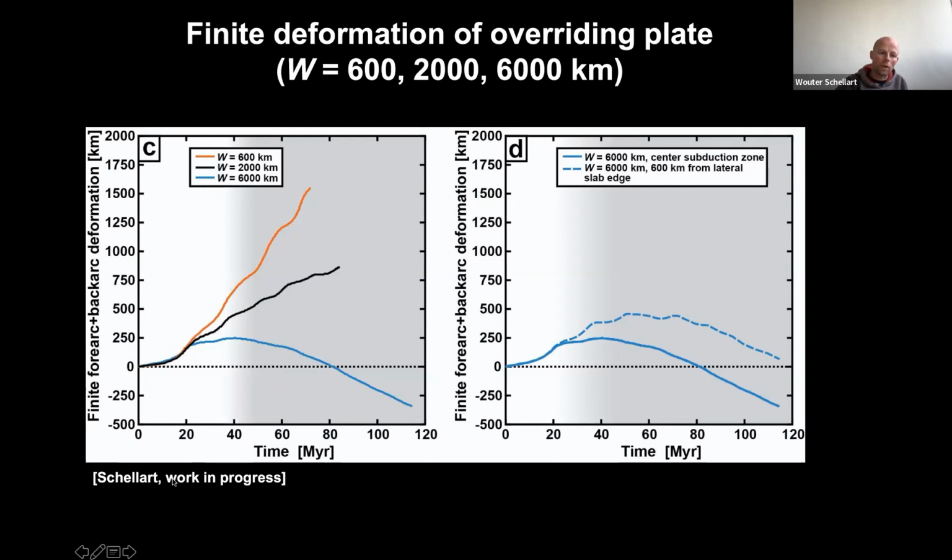So for wide subduction zones, it's all a bit more complicated. It's not as straightforward as for a narrow subduction zone. You actually have variability along the trench in terms of the deformation rate, and also in some cases the deformation style.